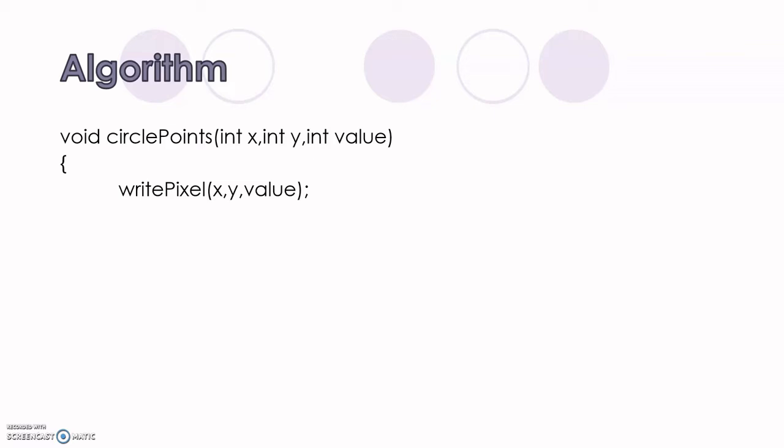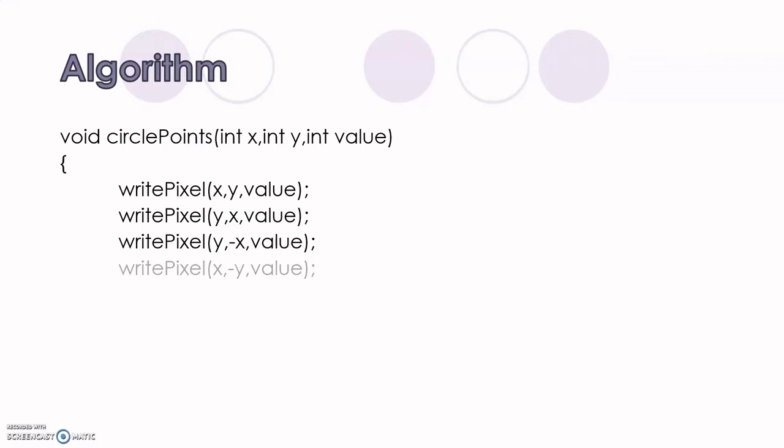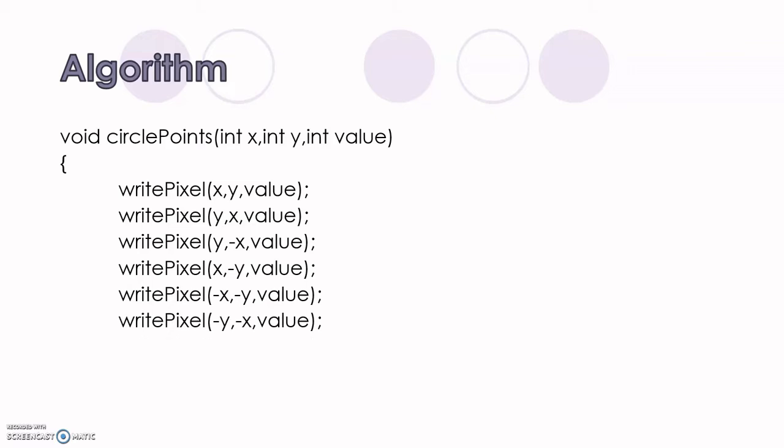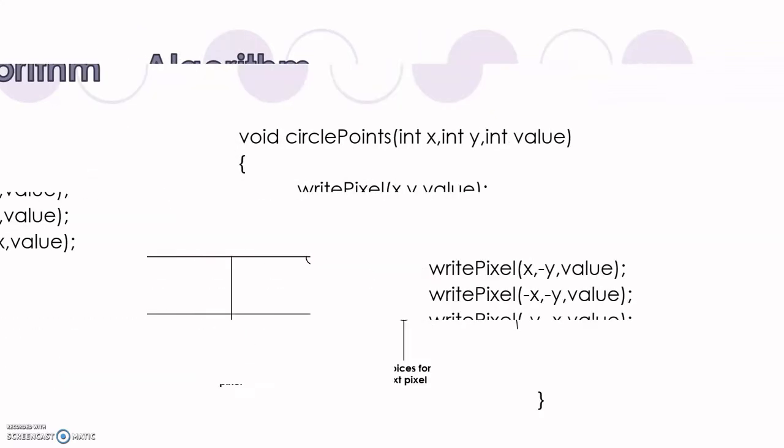First x comma y, then y comma x, then y comma minus x, then x comma minus y, then minus x comma minus y, then minus y comma minus x, then minus y comma x, then minus x comma y. Likewise, I can write 8 symmetric points on the circle. This is how 8-way symmetry works.